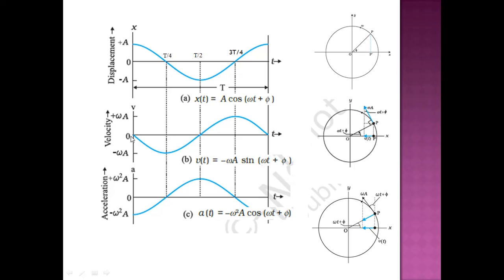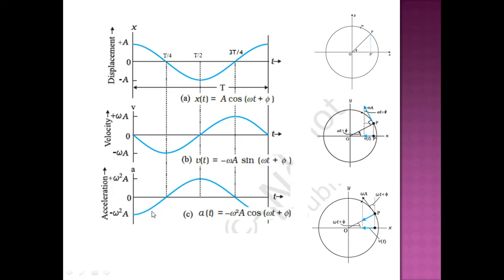For t equal to 0, sine 0 is 0. Here we get sine 90, minus sine 90, so we get minus omega A, then you get 0, plus omega A, and then finally 0.